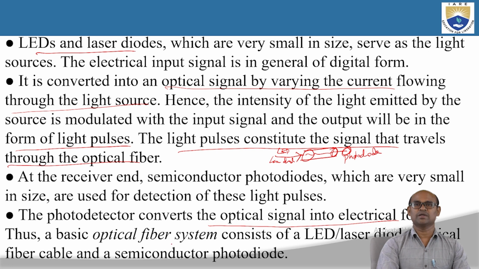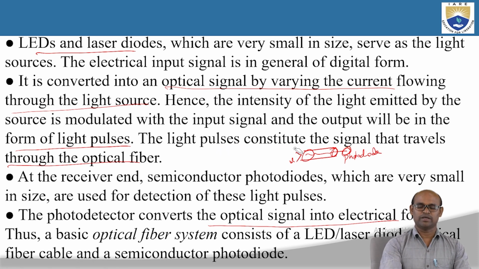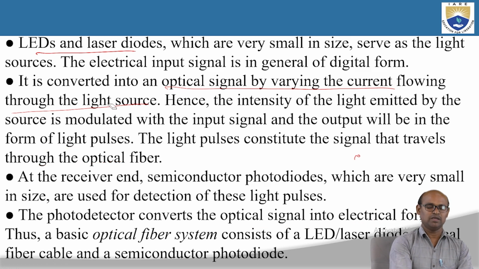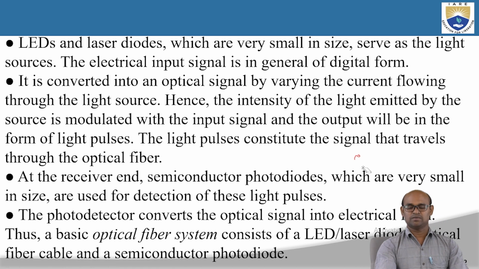Thus, a basic optical fiber system consists of an LED or laser diode, optical fiber cable, and a semiconductor photodiode or photodetector. So an optical fiber system basically has three important components. The first one is the LED or laser diode. That will convert the electrical signal into the light signal, and then the light signal will propagate through the optical fiber.